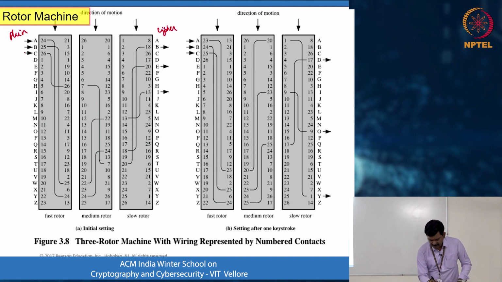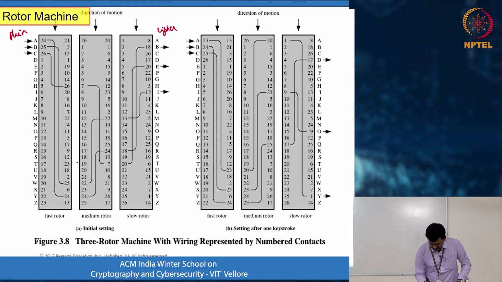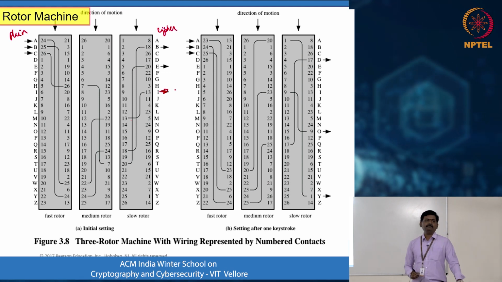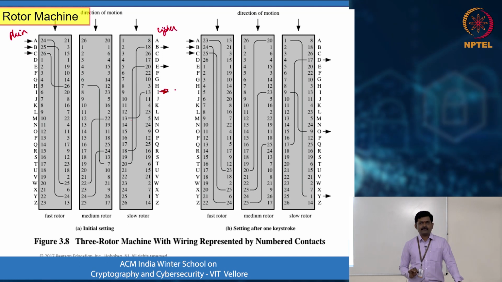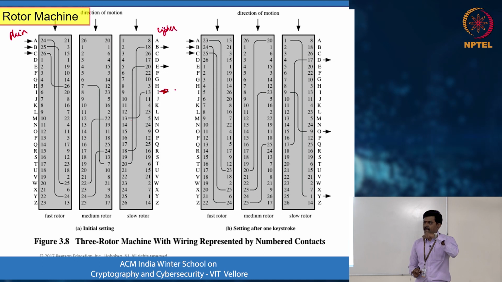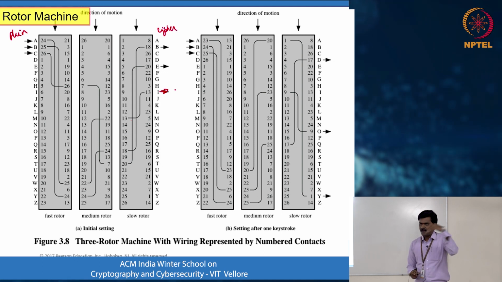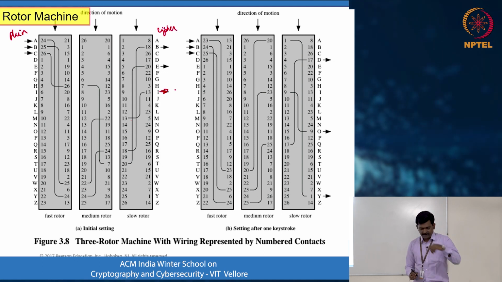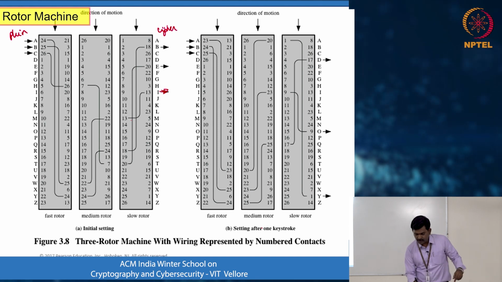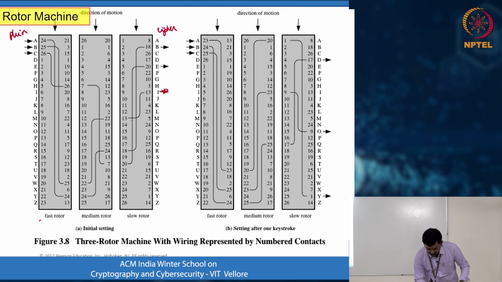So take an example, your A is mapped to 24, in the second rotor to 22 and then further it is mapped to 13 and the output is I. Okay. So for A, this is the structure. So you press A, one operation you have done. Then what happens? With one stroke, that means one input or one keystroke, this rotor rotates.